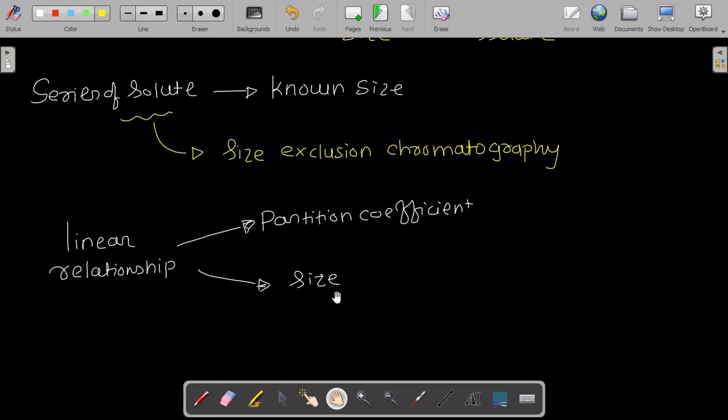So you do size exclusion chromatography for a particular analyte, you find its partition coefficient, then you compare that partition coefficient with the partition coefficients of the other known size solute molecules, and that is how you determine the size of that particular solute by doing size exclusion chromatography.